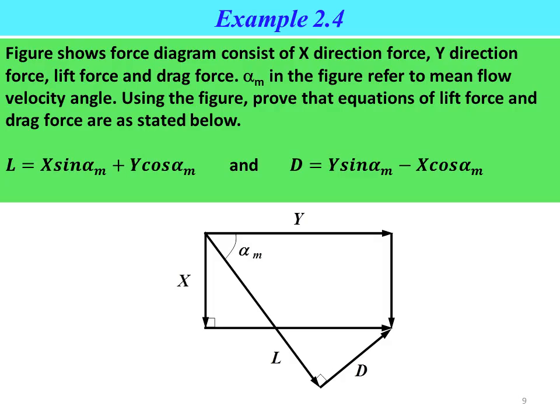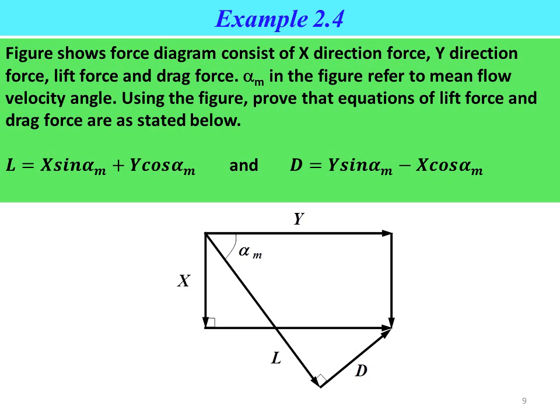Okay, example 2.4. The figure shows a force diagram consisting of X direction force, Y direction force, lift force and drag force. Alpha M in the figure refers to the mean flow velocity angle. Using the figure, prove that the equations of lift force and drag force are as stated below.